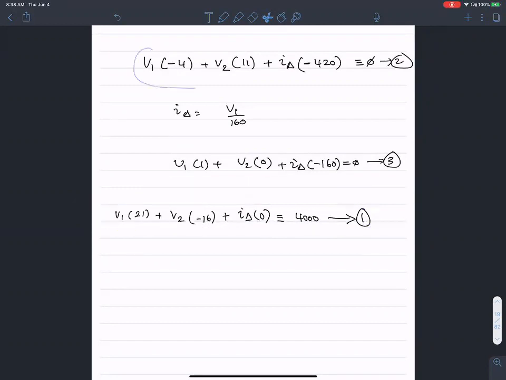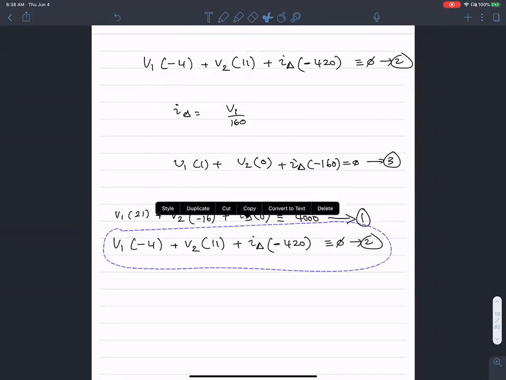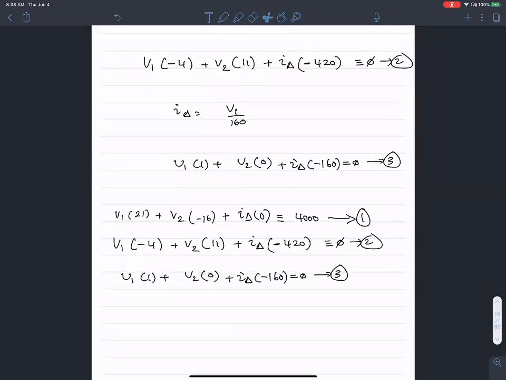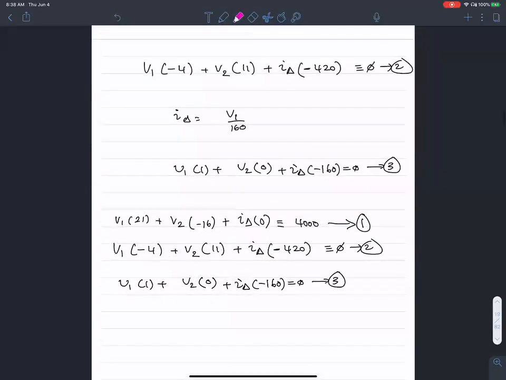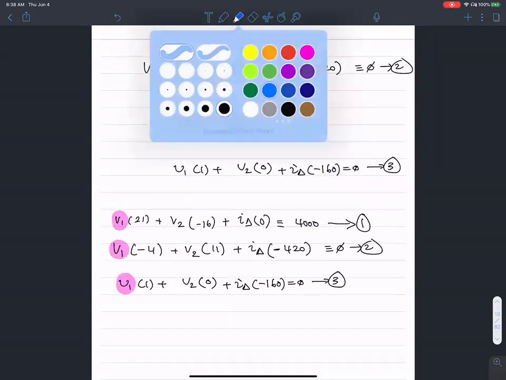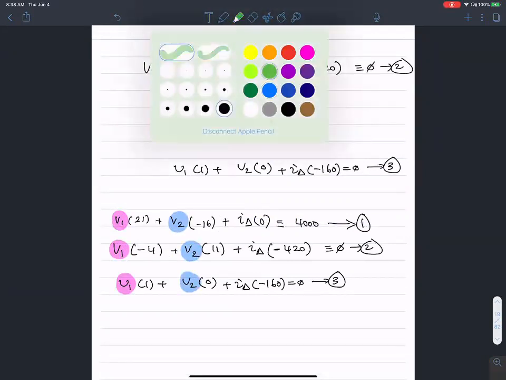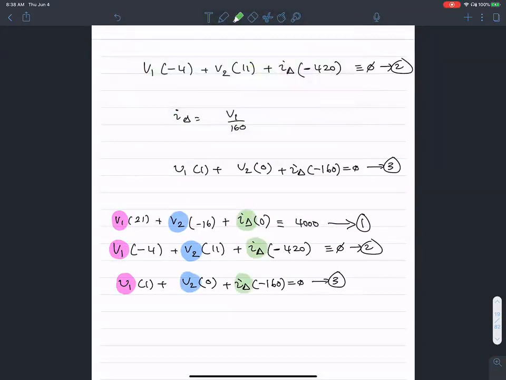That's my equation 1, that's my equation 2, that's my equation 3. 3 unknowns, 3 equations. We're good to go. Plug them into MATLAB and then you should get values. Well, I leave that as an exercise to you.